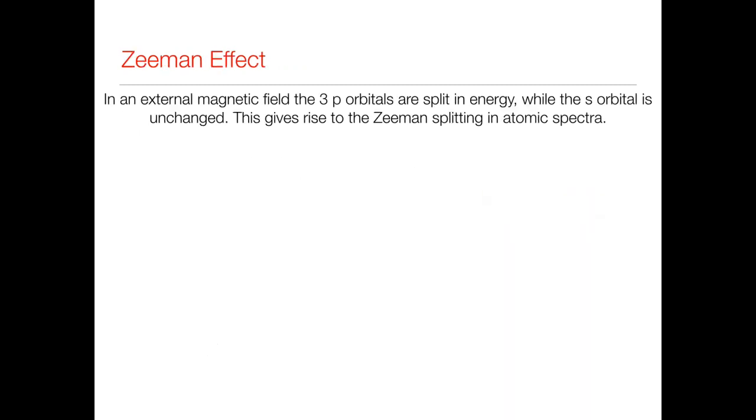So let's have a look. There's something called the Zeeman effect. If we consider the hydrogen atom, okay, let's have a go at drawing this. We will first look at the case of no magnetic field. So let me draw some energy levels.